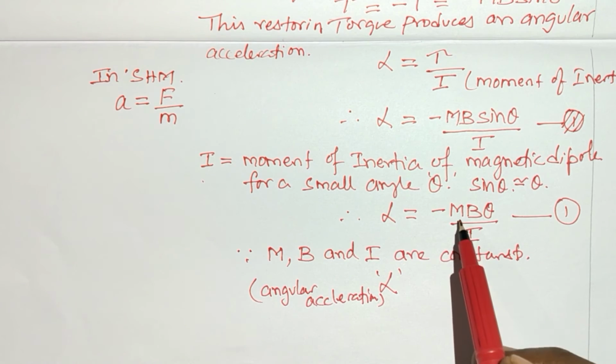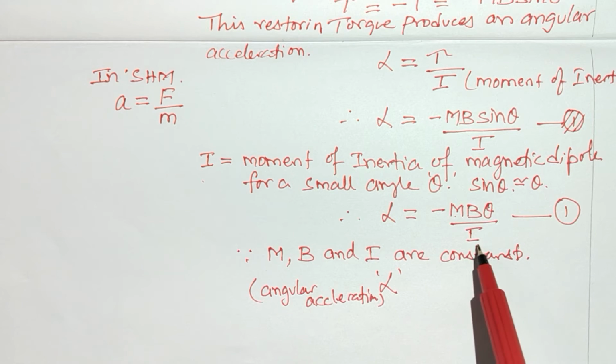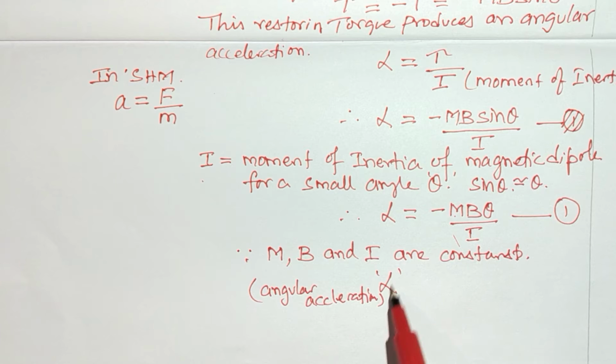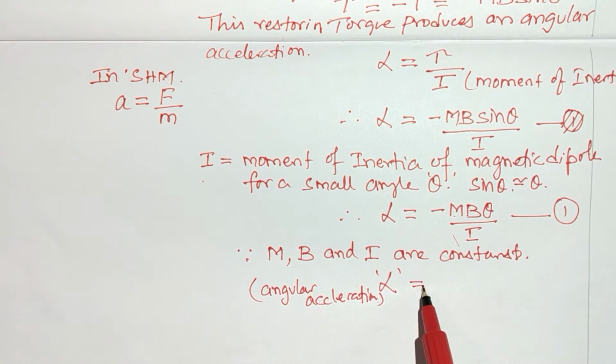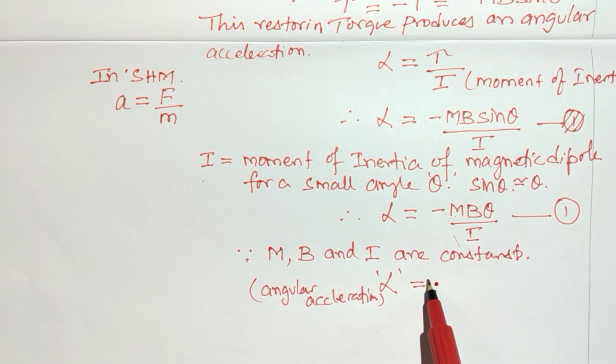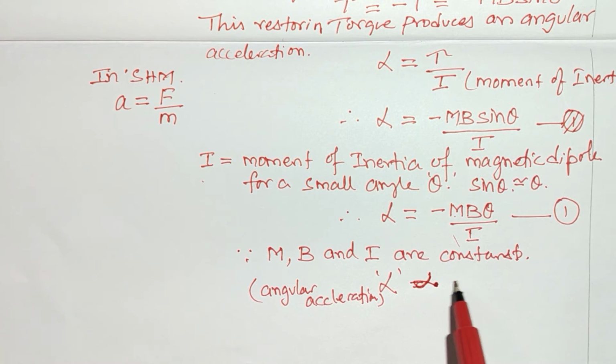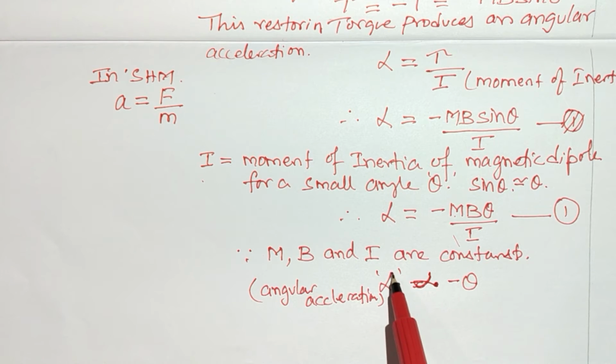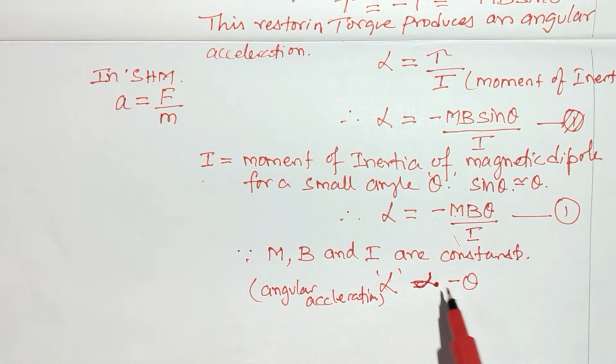So, since the magnetic moment, field strength and moment of inertia are constants, angular acceleration is directly proportional to minus theta. This is the symbol for proportionality.